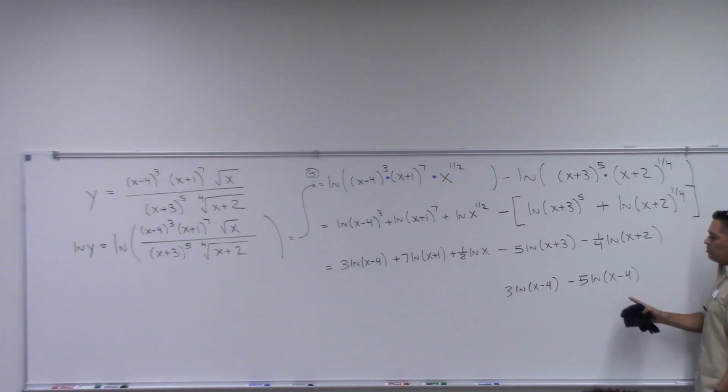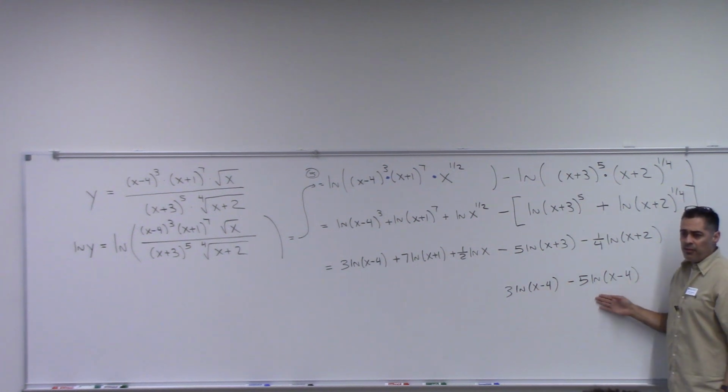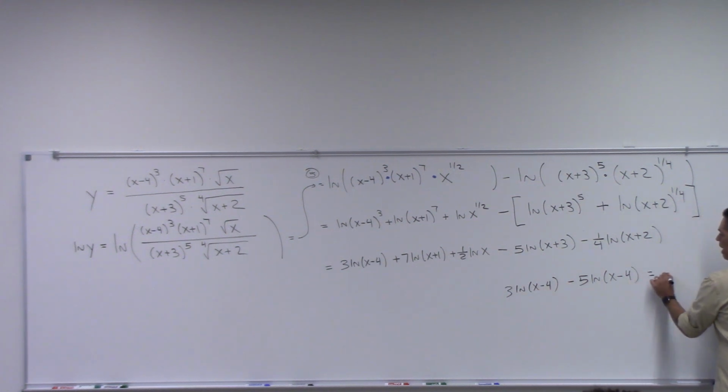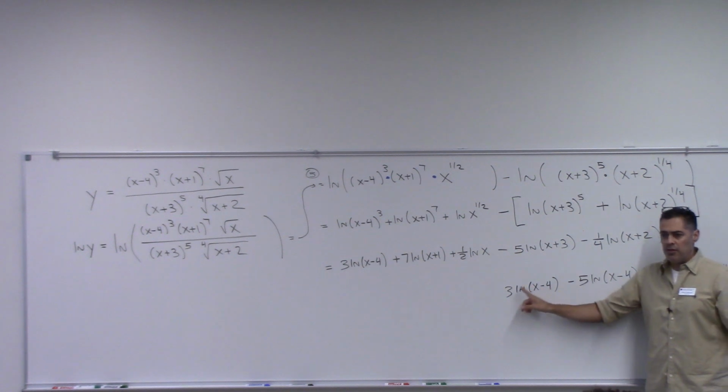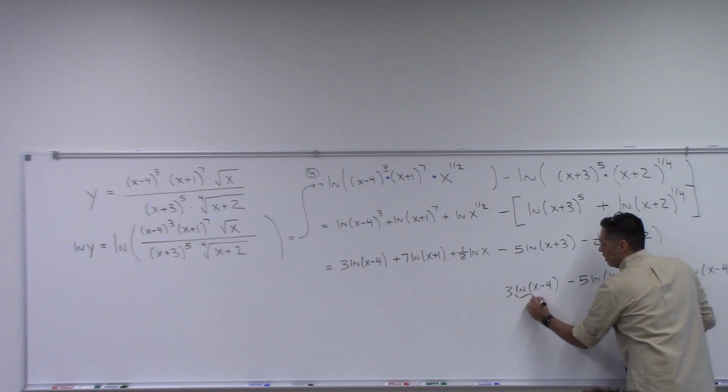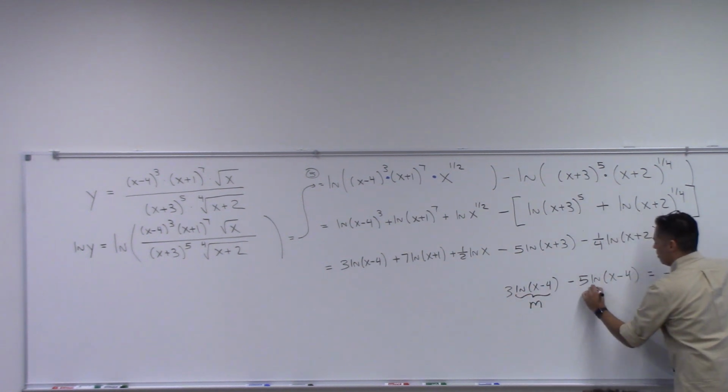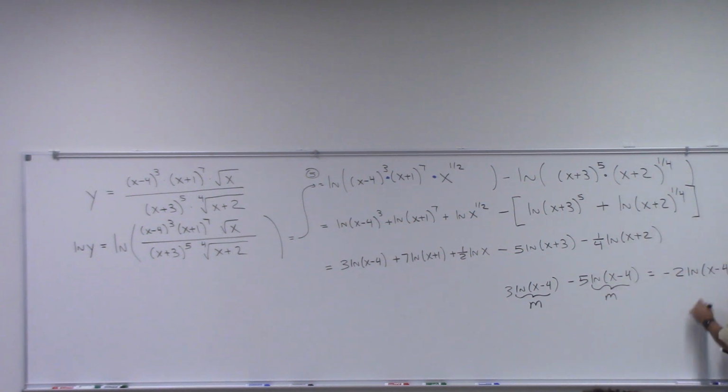Then you would treat it just like 3 apples minus 5 apples. This would be negative 2 natural log of x minus 4. You just work with the coefficients, so you treat this almost like a variable, like 3m minus 5m would be negative 2m. Does that make sense?